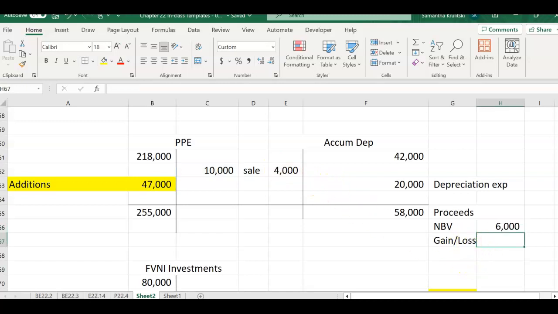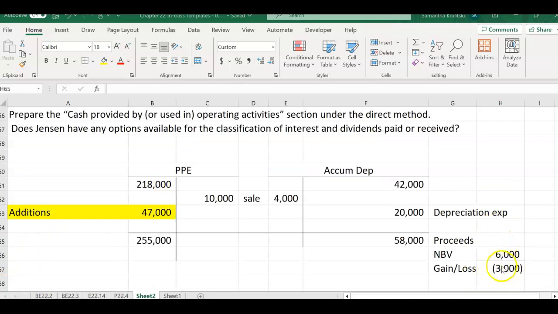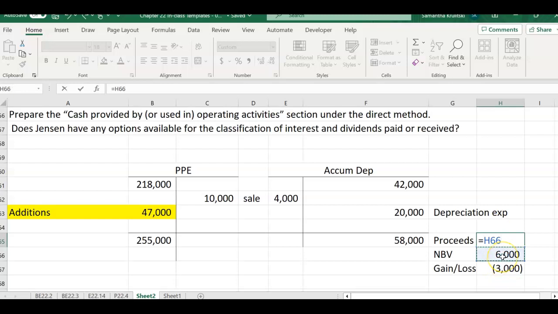And I know my gain or loss by going and looking at my income statement. So if I have a loss of $3,000 and my net book value is $6,000, I must have received proceeds of $3,000. Okay, so my proceeds must have been $3,000 that I received on that sale.